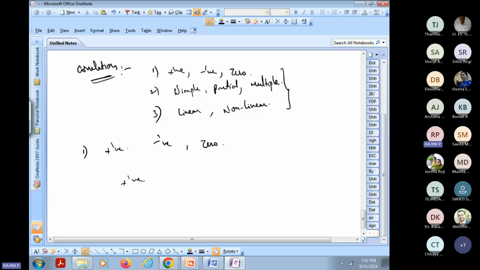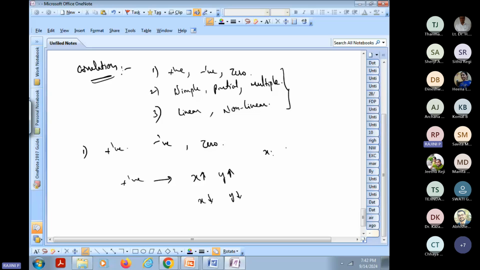Positive correlation means the variables you have move in the same direction. Then we say that the variables are having a positive correlation. That means if x increases, y also increases. If x decreases, y also decreases.